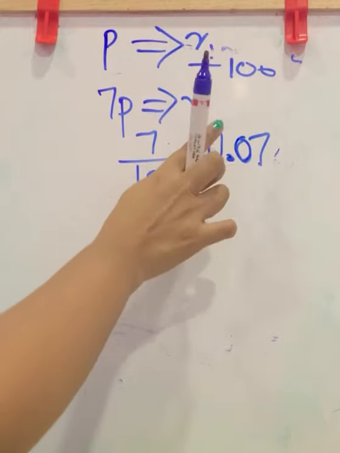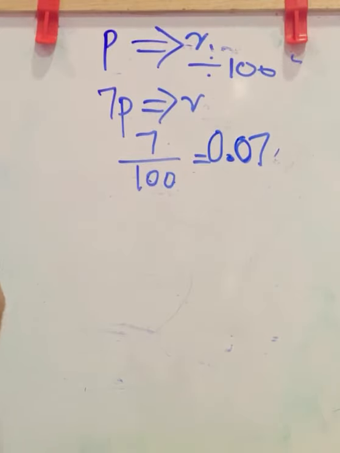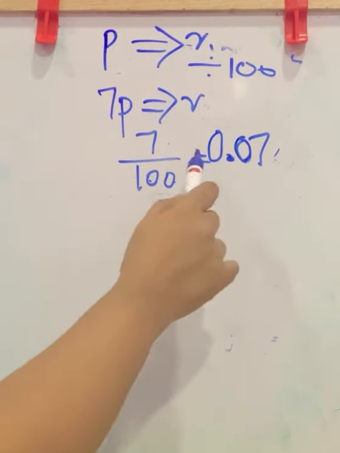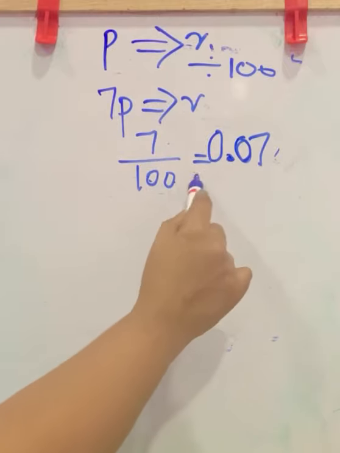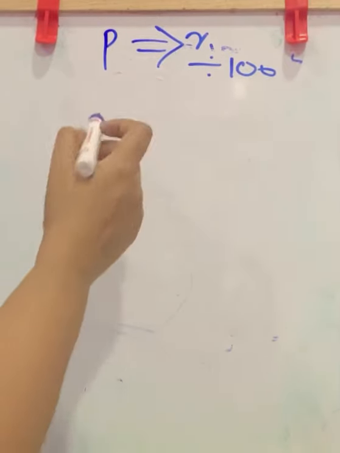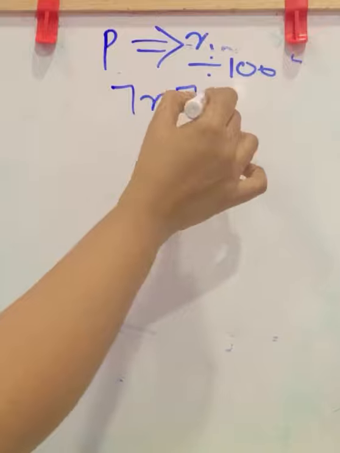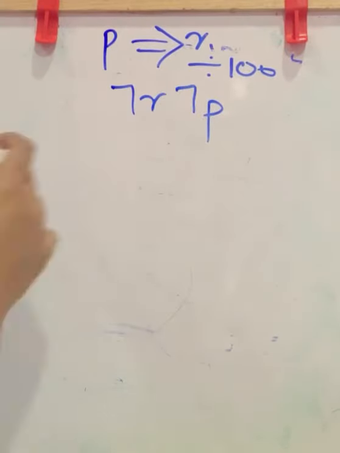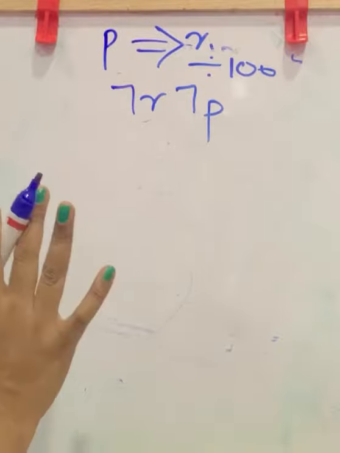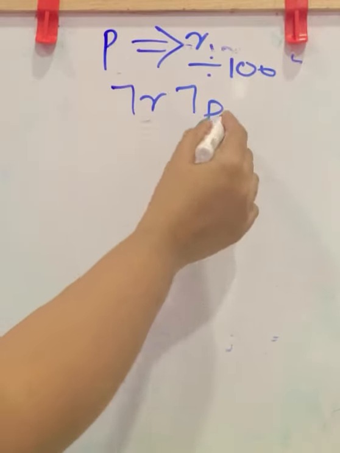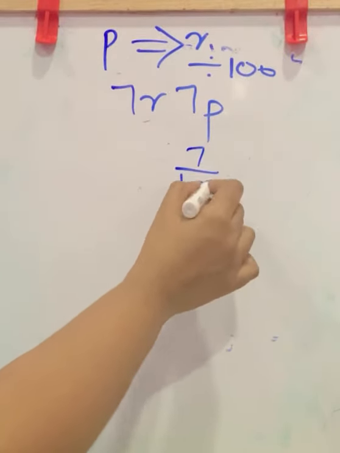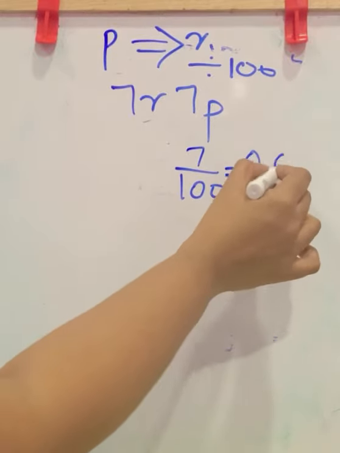Adding 0 on the whole number part will make no change. It is correct. So 0.07 rupees. Next, 7 rupees 7 paise. Here this is already in rupees, so you don't want to convert it. It is in the whole number part. Keep it aside. Here 7 paise, again division by 100, you will get 0.07.